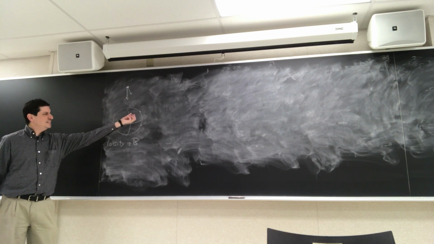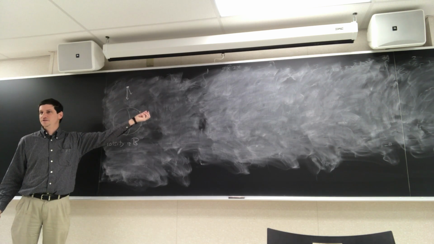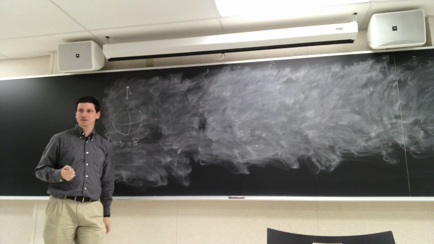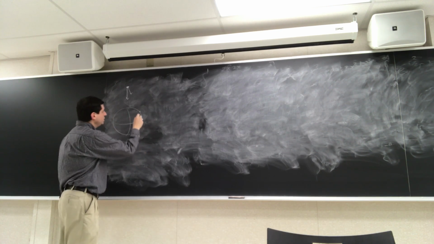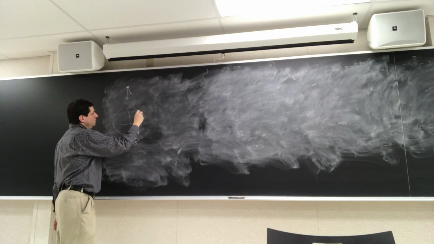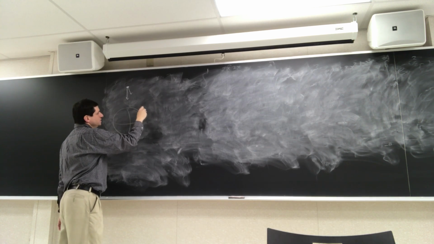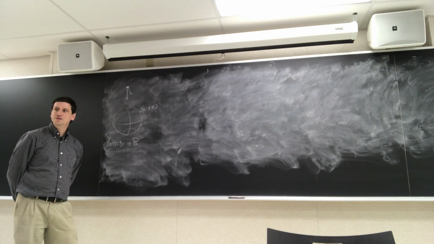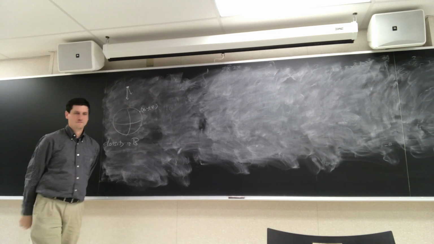So I have a small little block on the sphere, say dx, dy, dz. Its mass would be B times dx, dy, dz. And I want to calculate what is the force. So here is some point x, y, z. And let's assume the sphere has radius 1.